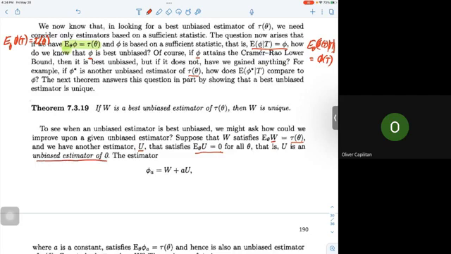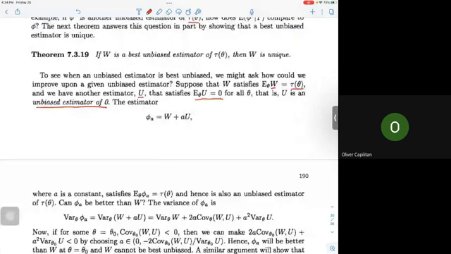Then the estimator phi sub A, which is equal to W plus AU, where A is a constant, will satisfy that the mean of phi sub A is equal to the function tau of theta. Ibig sabihin na ito, unbiased estimator of tau of theta.